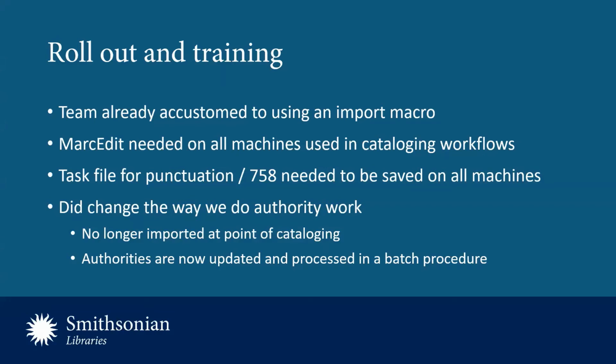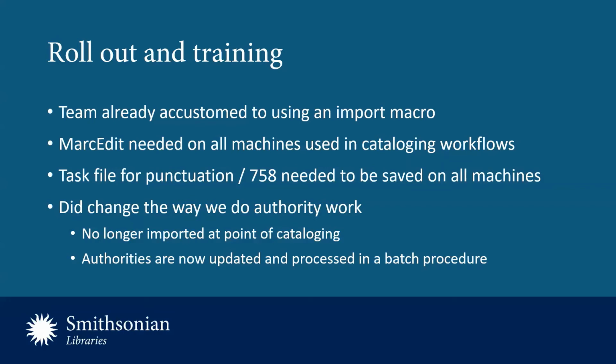So Jackie and I have been working on procedures for a new authority upload batch process that happens post-cataloging, and we are testing those procedures right now. And believe me when I say this could be a whole presentation unto itself. As a happy bonus, we have found that this batch process suits our enhanced telework status, so it's something that we can keep moving even while we're out of the office.